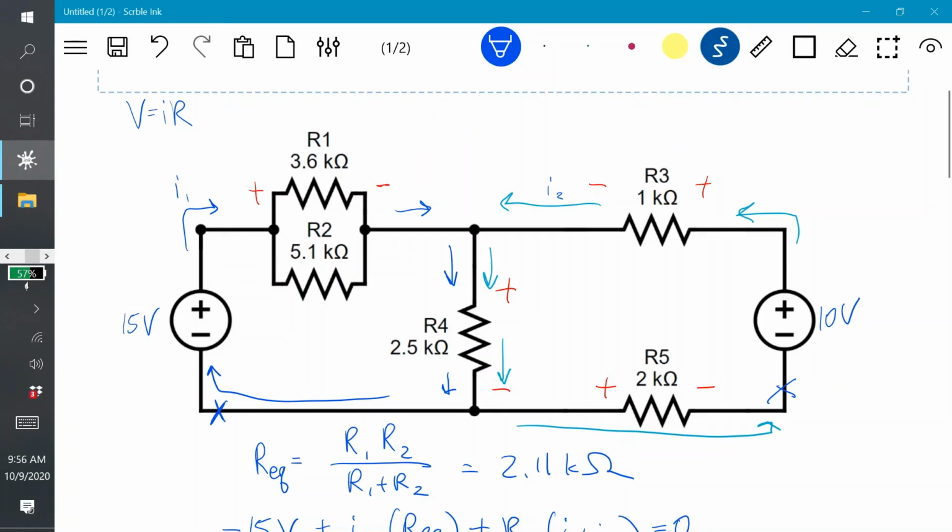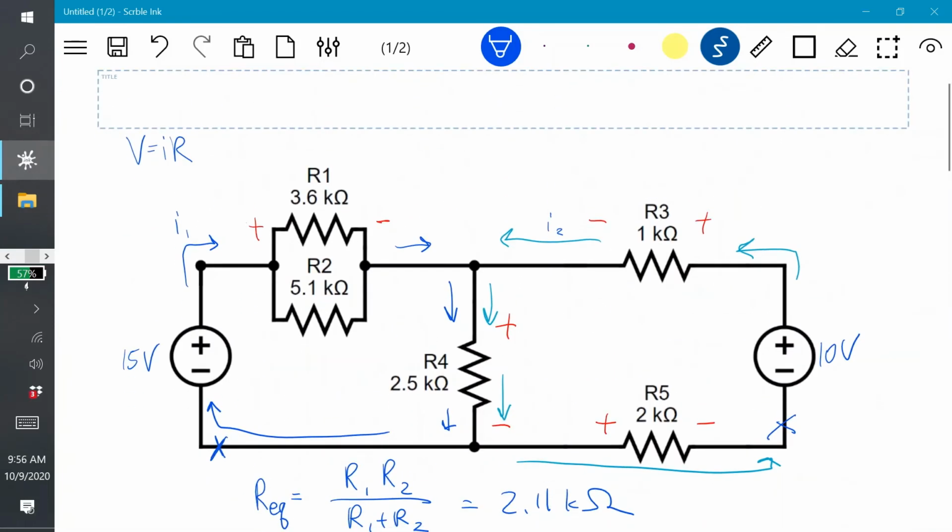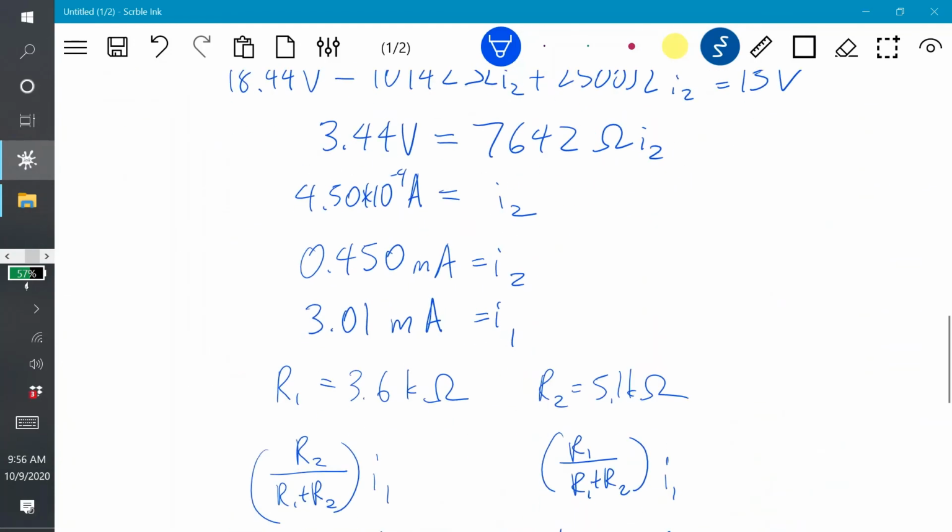R1 is 3600 ohms times the current, which we found was 1.76 milliamps, and that gives us 6.64 volts. Now this should be the same for R2 because these two resistors are in parallel. So let's try it out.